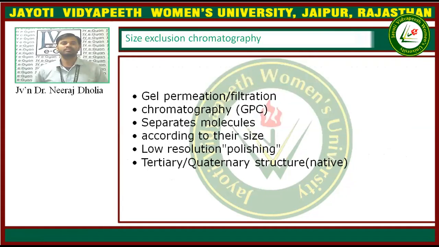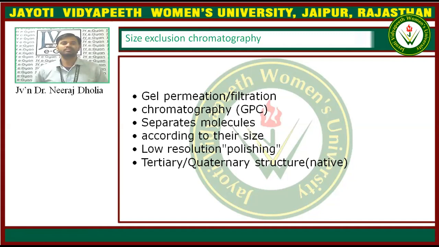Next is size exclusion chromatography. As the name suggests, the separation is based on size. If the cell size is higher, it will be separated out last. It is also known as gel permeation or gel filtration chromatography, because here you use a specific gel which has a specific pore size.